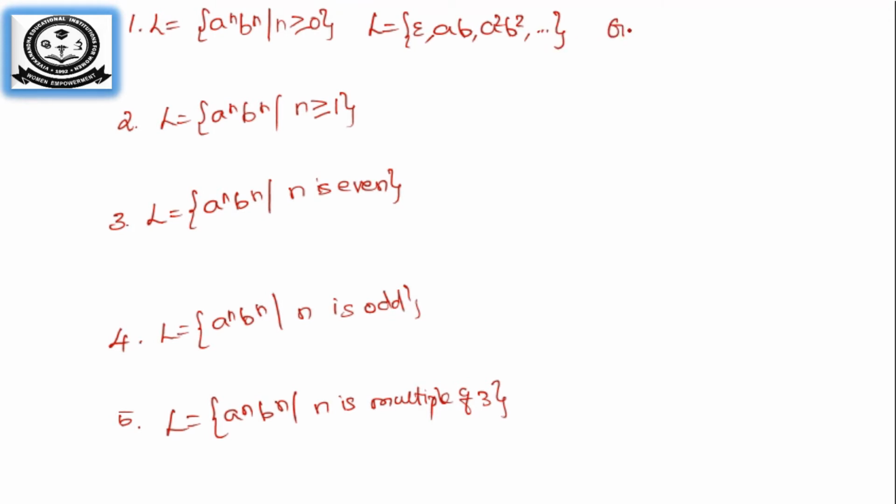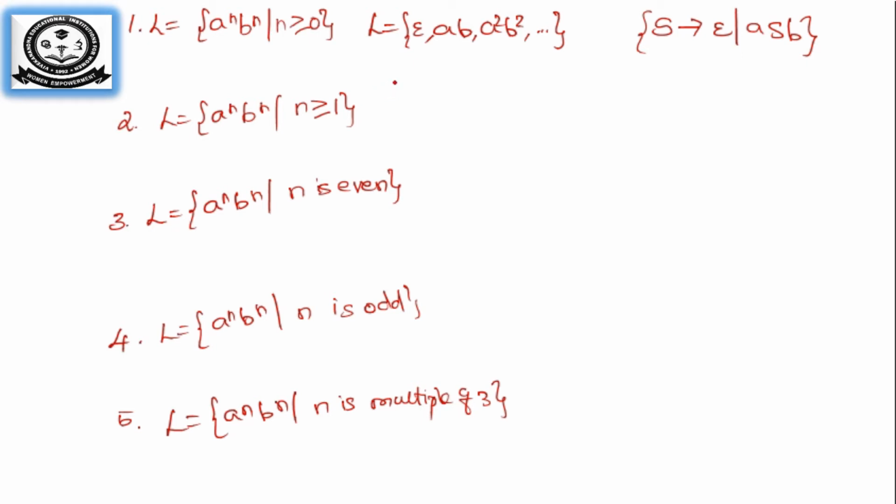So the grammar you can write over here is S tends to epsilon or ASB. So this is the production rule that is used for generating this language.